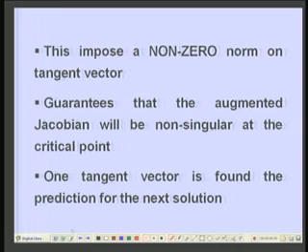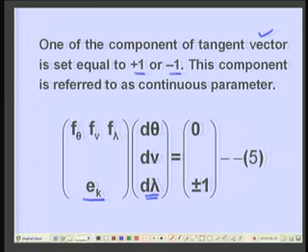Now, this imposes a non-zero norm on the tangent vector. By adding this row vector E_k and making one of the elements plus or minus 1, we have achieved two things.